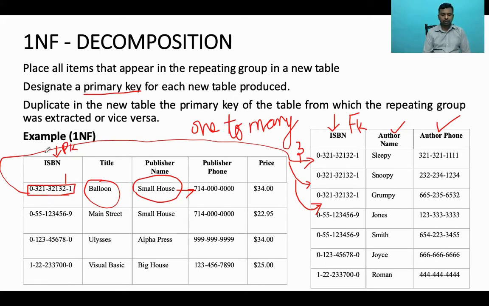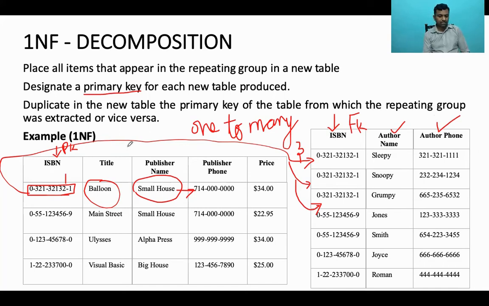How will I choose a foreign key? If I have a primary key in one table, mostly that column will be the foreign key in another table so that I can relate them.